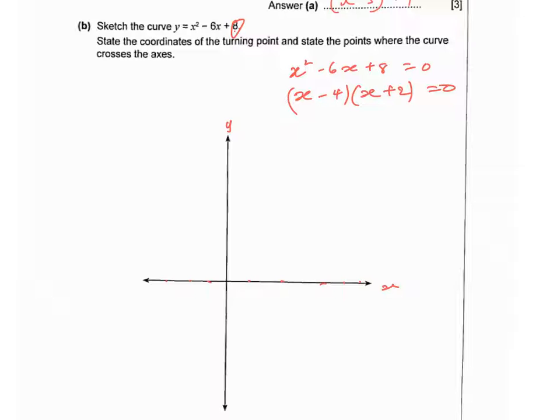Both are negative because this is positive and that is minus. So this one is going to be minus also. Which means x minus 4 equals 0 or x minus 2 equals 0. So x is either 4 or x is 2, which means this curve will cut x at 4 and also x at 2.